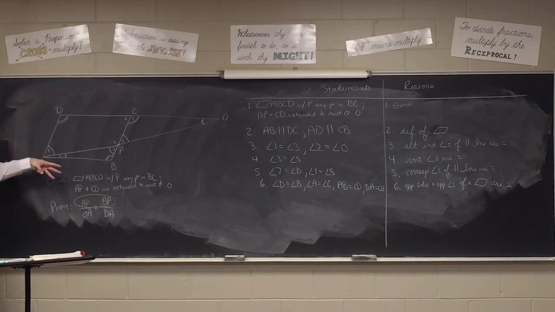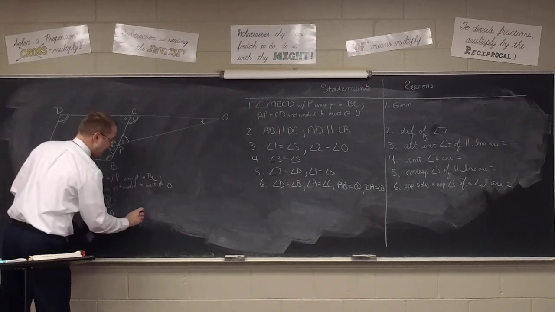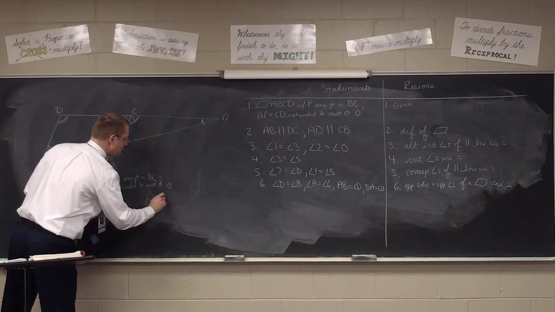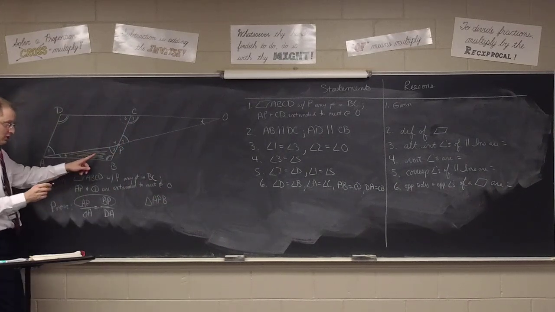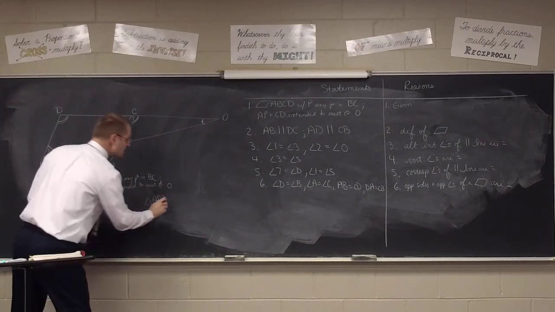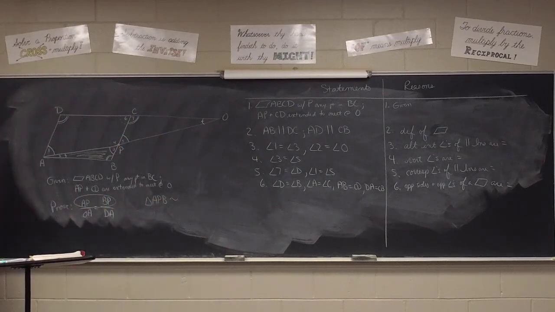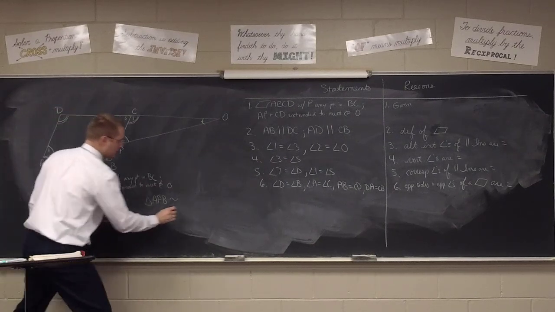What are the 3 distinct letters? A, P, and B. So I know triangle A, P, B, that's this little guy down here, is one of my 2 triangles. It needs to somehow be similar to which other triangle, Quentin? OAD. Look at all the consequents.